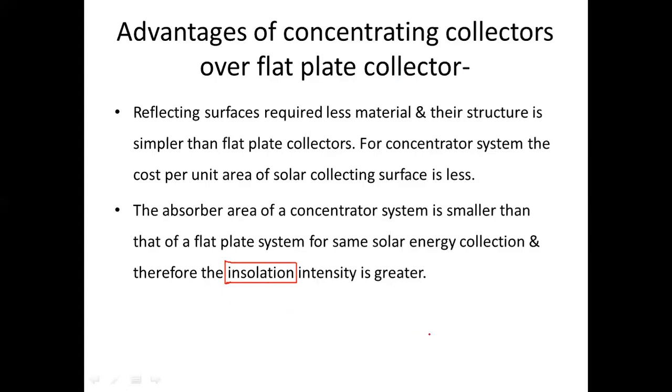For the flat plate collector, a number of radiations are falling on the plate, and there may be much more heat loss because of the large area. Because of the area, heat losses are also more in case of the flat plate collector. Here the area is also less, and the insolation, the total radiation we are getting from the sun, is more.